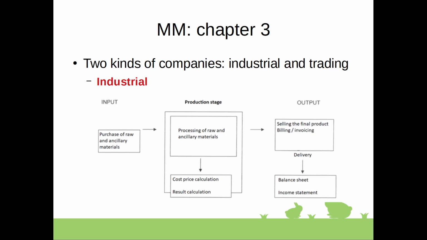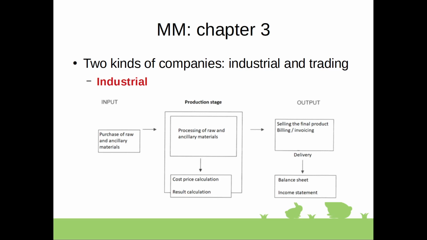This process is way more complicated, and in these kinds of companies, it's very crucial that they know the cost price. So in this case, we will use something called cost accounting, something that will happen off the balance sheets. So not on them, it will happen next to the balance sheet. This will not be visible to the outside world.